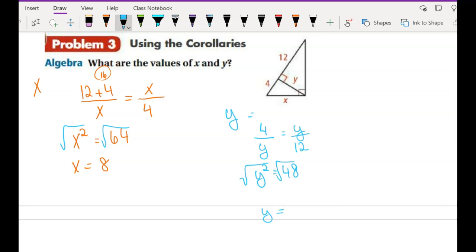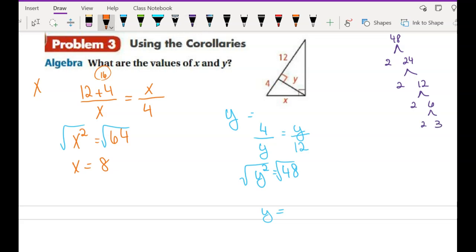And 48. It's not a perfect square, so let me go over here and let me break it down. So I have 2 times 24 is 48. Now I'm going to do my factors of 24. So then I've got 2 and 12. 12 is equal to 2 times 6. 6 is equal to 2 times 3.